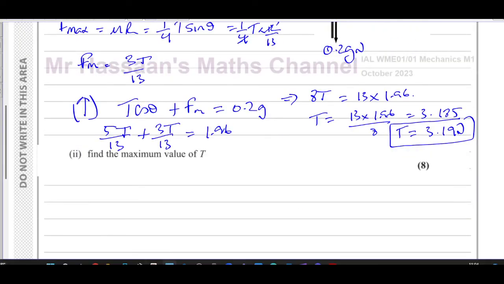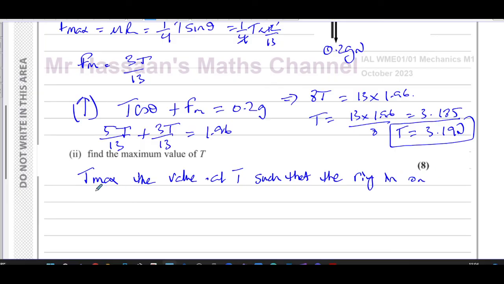So the value of T maximum is going to be the value of T such that, sorry about my bad writing, the ring is on the point of sliding, this time up the rod.